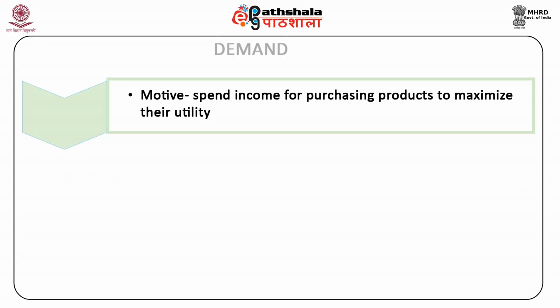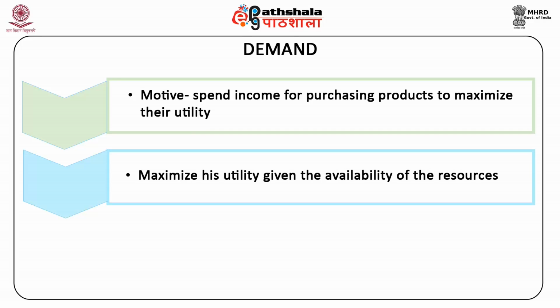The main motive of all individuals is to spend their income for purchasing the products in order to maximize their utility or satisfaction. Though utility is hard to measure, a person can maximize his utility given the availability of the resources.